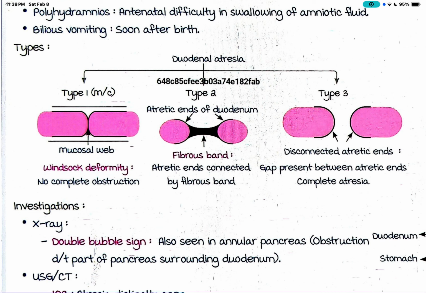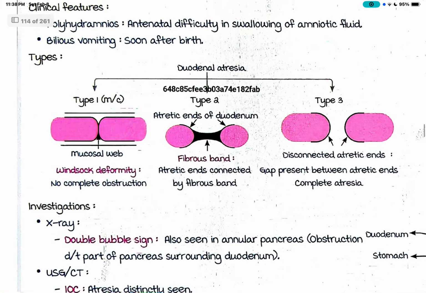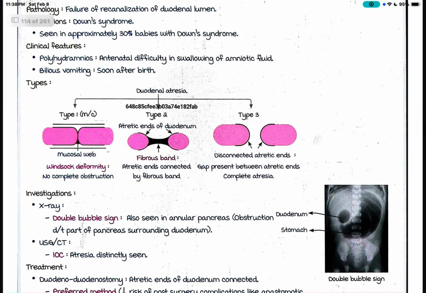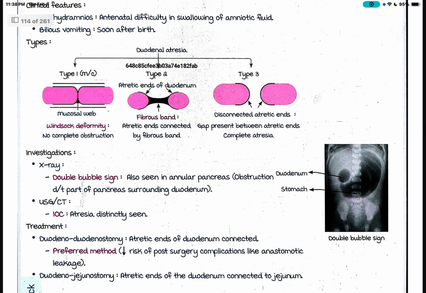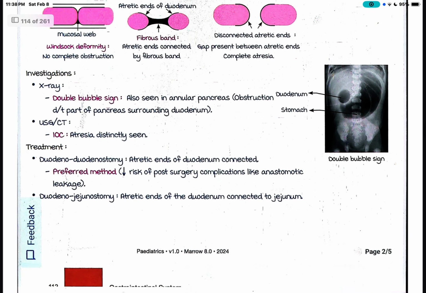Type 2: atretic ends connected by a fibrous band. Type 3: disconnected atretic ends with a gap between them, complete atresia.